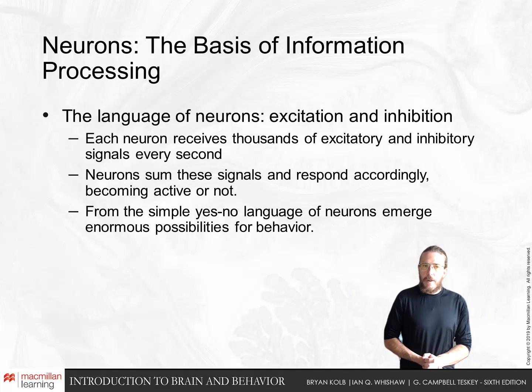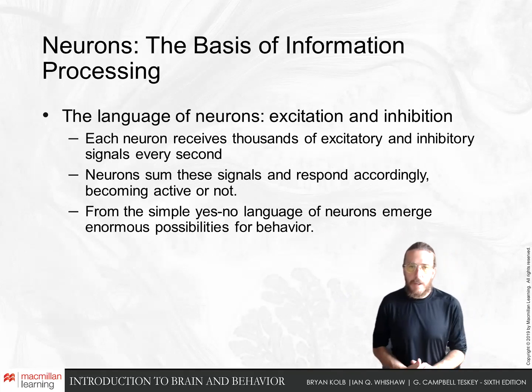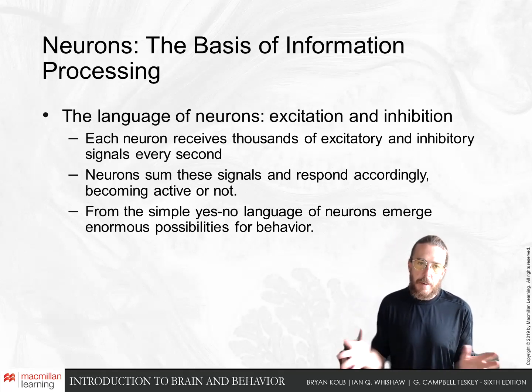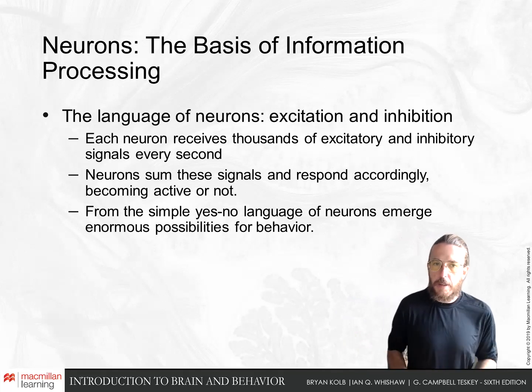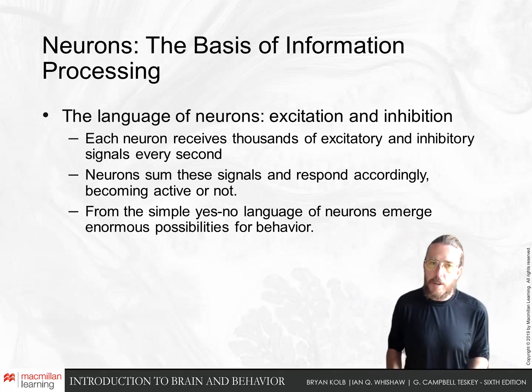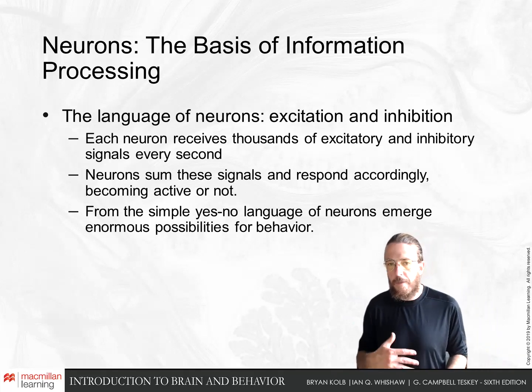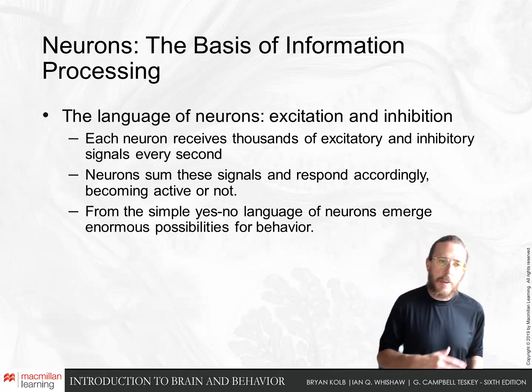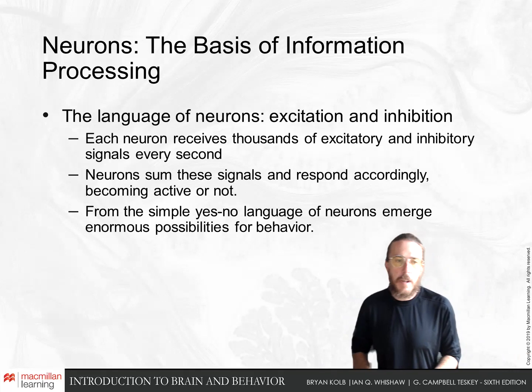These neurons communicate with one another down their axons through a language of excitation and inhibition. Each neuron receives thousands of incoming signals that say it should fire more, and it receives thousands that say it should fire less every second, and it sums these signals together and creates essentially an all-or-none vote on whether it should send a signal itself.